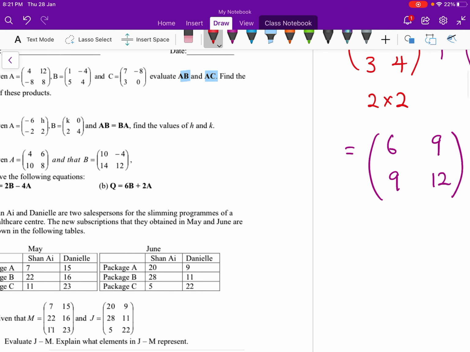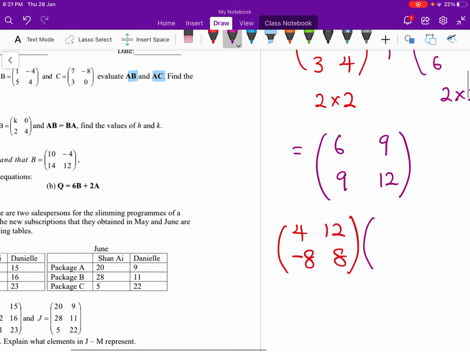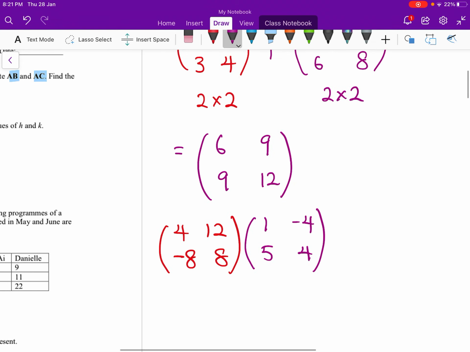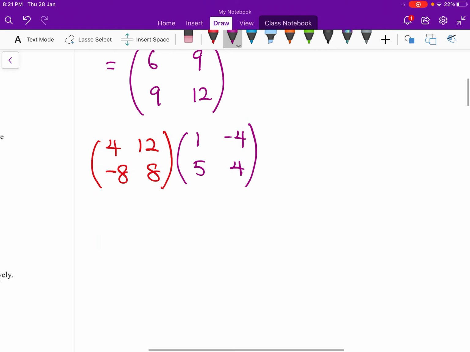So A is 4, 12, negative 8, and 8. And B is 1, negative 4, 5, 4. If I want to multiply, I must make sure that this red color matrix is 2 by 2, 2 rows, 2 columns.